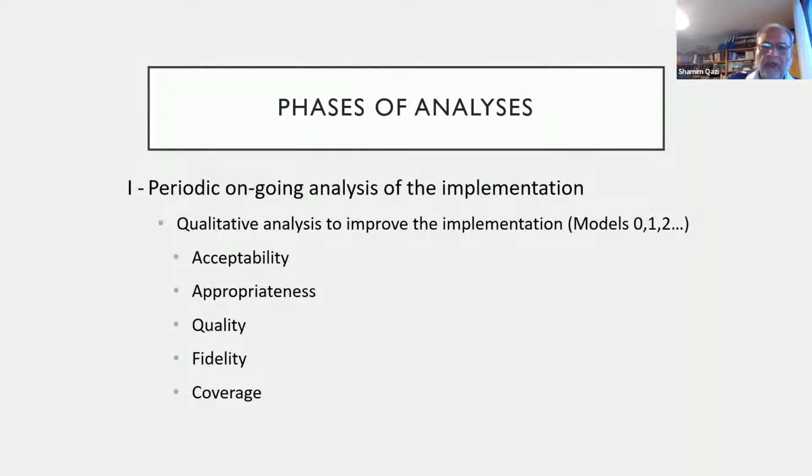For that, periodic ongoing analysis of implementation is necessary, and that requires qualitative analysis to look at various aspects that are listed over here. If you leave it to the end of the study, sometimes you would find that this thing should have been done or could have been improved, and we were unable to do that. And that really is not something which you want.